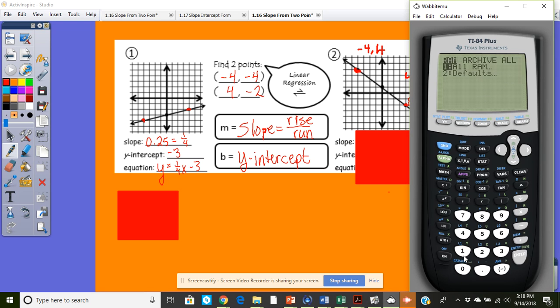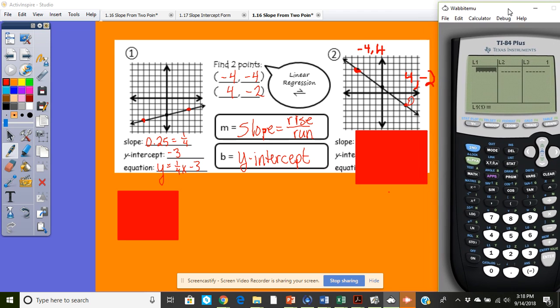So clear your calculator to get your list cleared, and then go to Stat and edit your list. So again, my x's are -4 and +4. And your y values are +4 and -2.